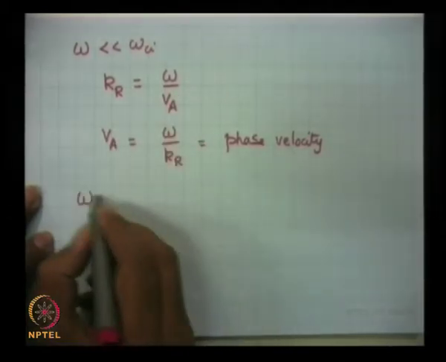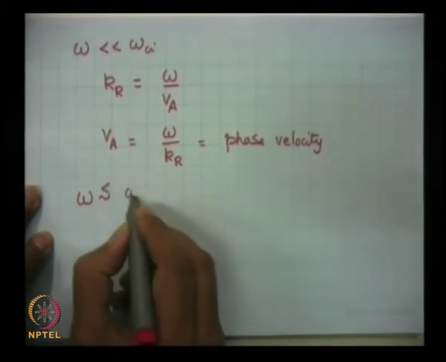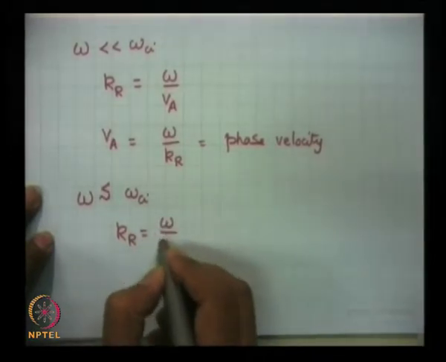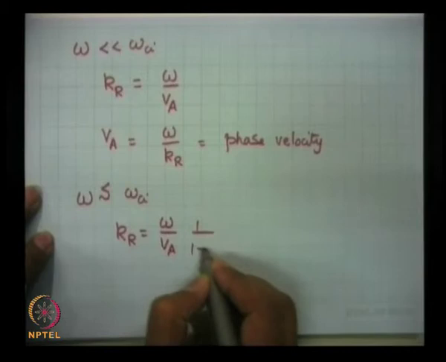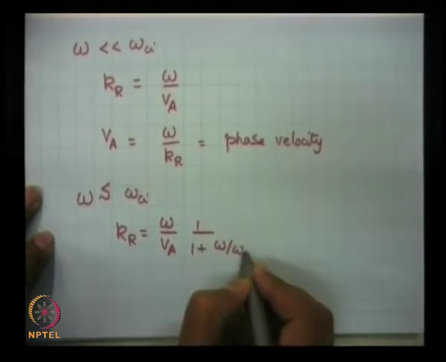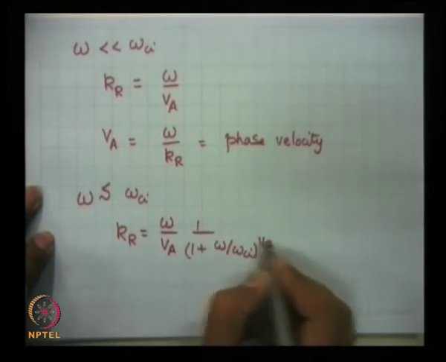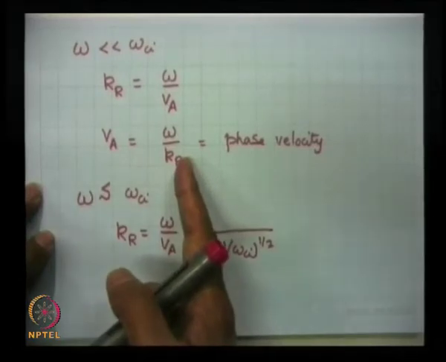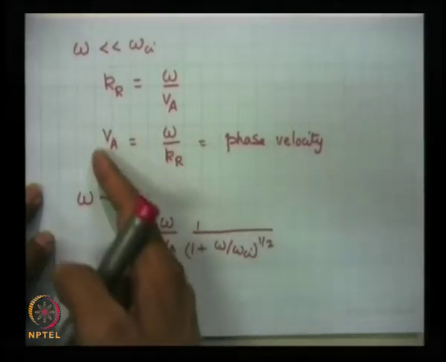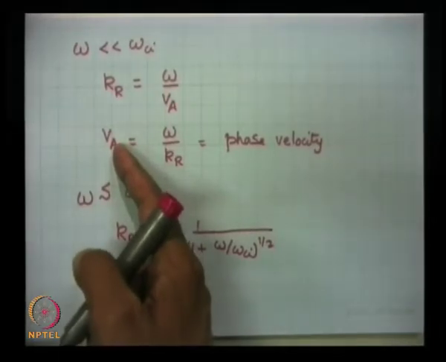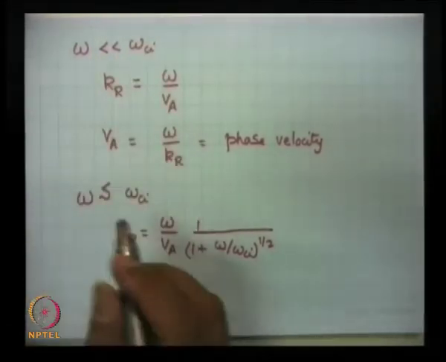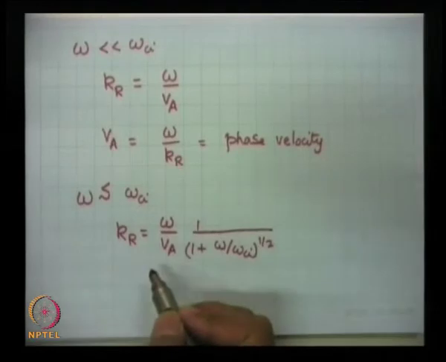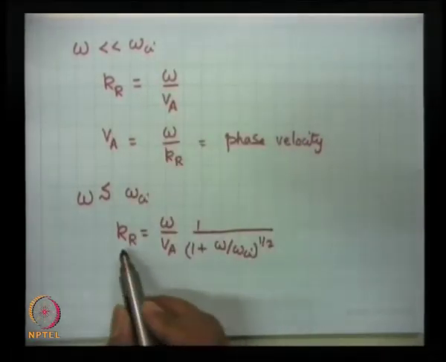When omega is of the order of omega ci, kr is equal to omega upon Va into 1 upon 1 plus omega upon omega ci to the power half, and the wave is dispersive. The earlier wave is not dispersive because the phase velocity does not depend on frequency, it is simply Va. So when omega is much less than omega ci, the medium becomes non-dispersive, but when the frequency is comparable to omega ci or higher, kr is this expression.